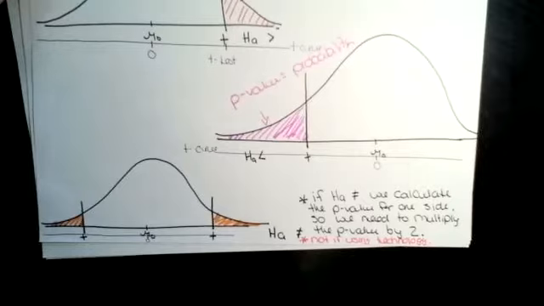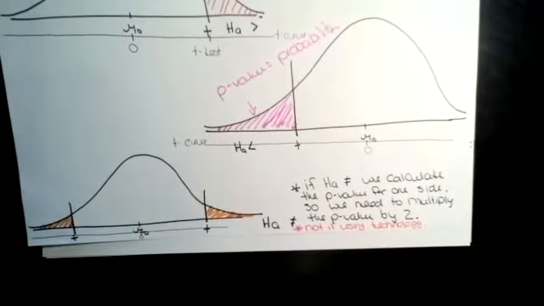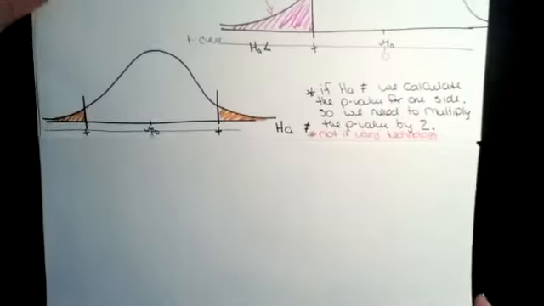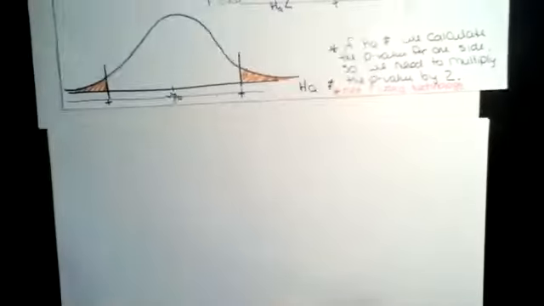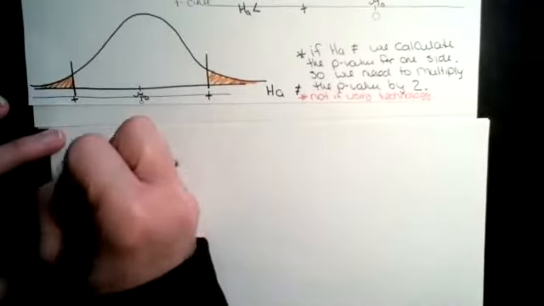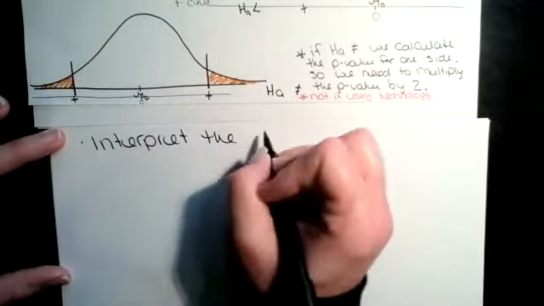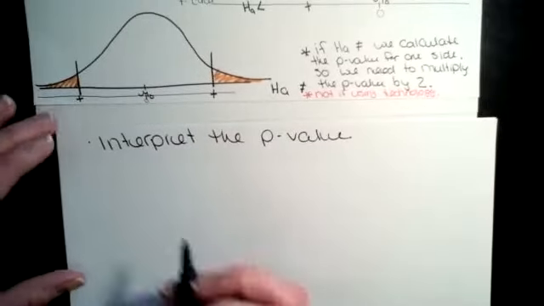Okay, so now once we calculate our p-value, so we find this area, we want to interpret what that means. So this interpretation can be a little tricky for most of us, and we just kind of get used to it. But I'm going to write it out, and then we'll just kind of talk about what it actually means, like what this is for us. So I want to make sure I'm using the right notation. Interpret the p-value. All the p-value is the probability, okay?